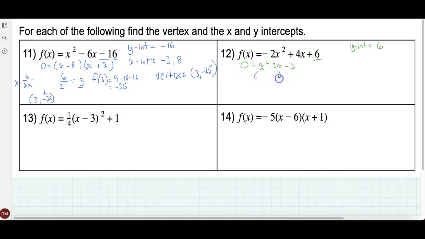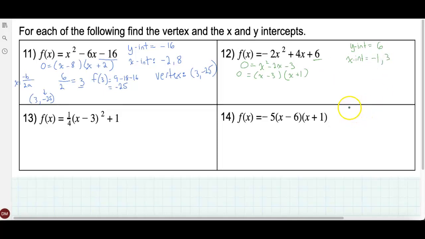Can I factor that? I hope so. 3 is prime, so it's 1 and 3. So (x minus 3)(x plus 1). Oh, good. So the x-intercepts, or the roots, same thing, are negative 1 and 3, okay?